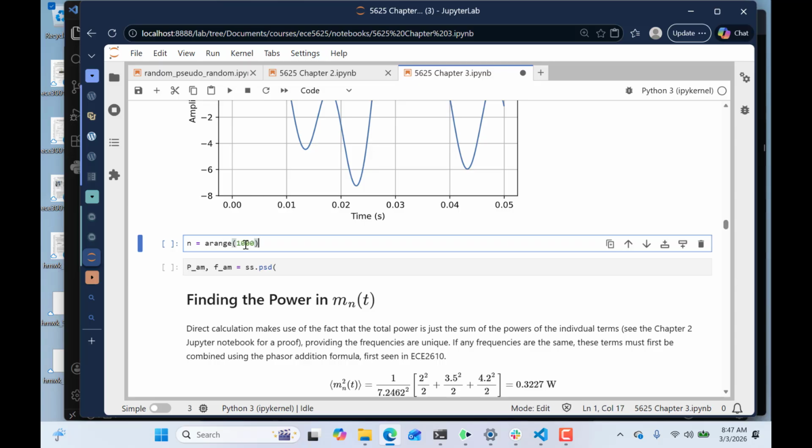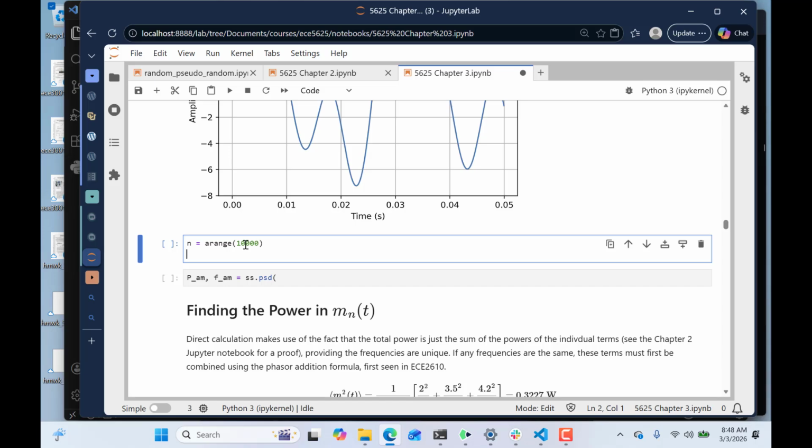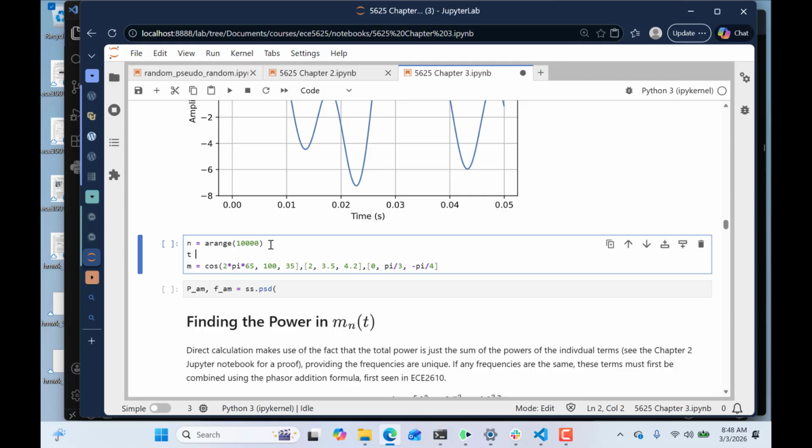So I'm just going to create 10,000 samples, and I'm going to create the message signal M as, I'm just going to manually write this in, cosine of 2 times pi times... I'm going to sample at 1,000 samples per second, which is what I did before.